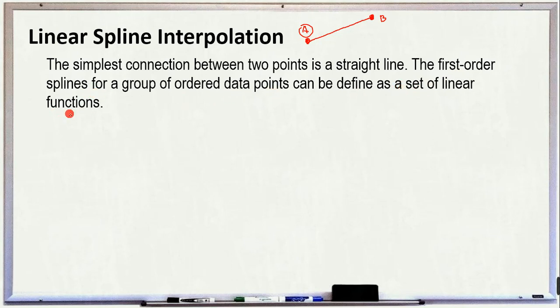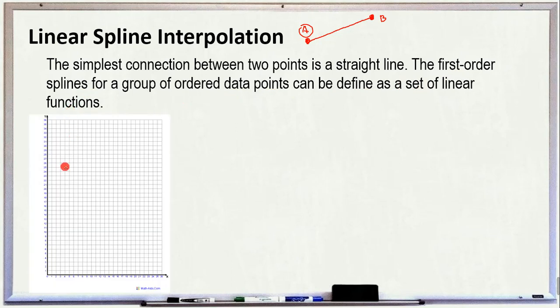Okay. So the first order splines for a group of ordered data points can be defined as a set of linear functions. So we have here our Cartesian coordinate plane. Let's say we have here our first data point, represented by x naught, and then we have f of x naught. Okay, pasabot ana x and y.